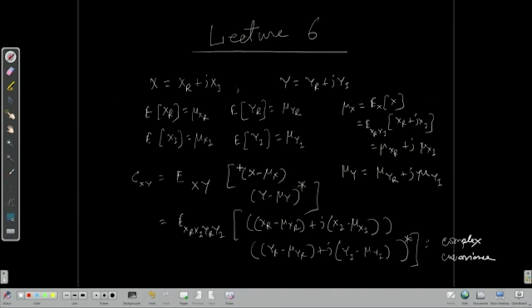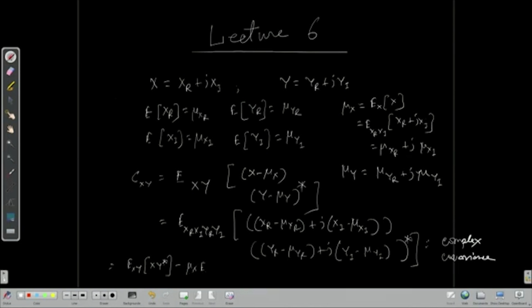In that case, if you expand it without breaking it like this, it will be E of xy star minus mu x, which is a constant, so it will go out of the expectation.